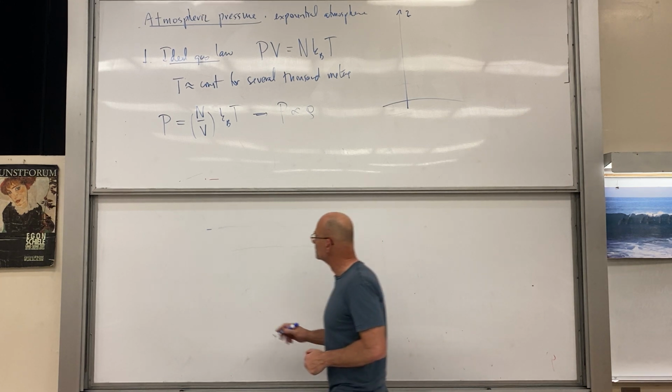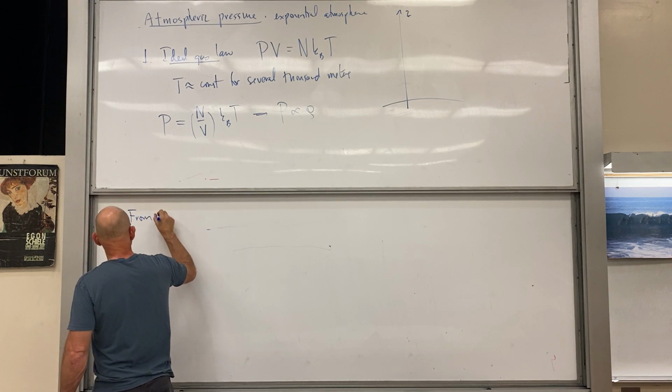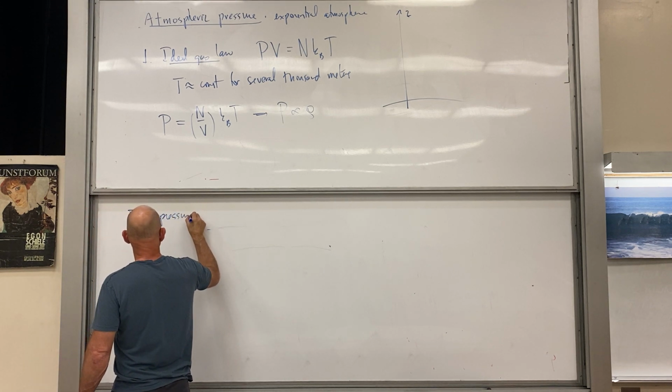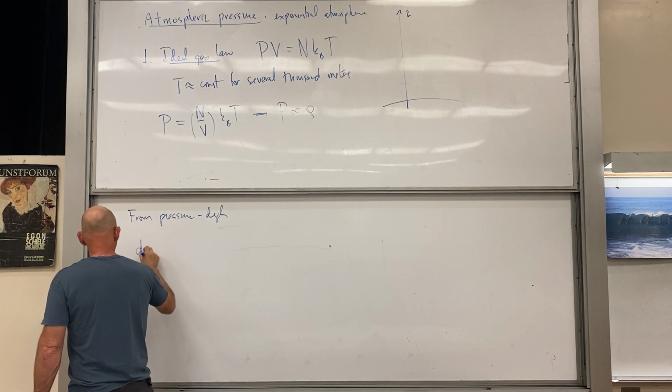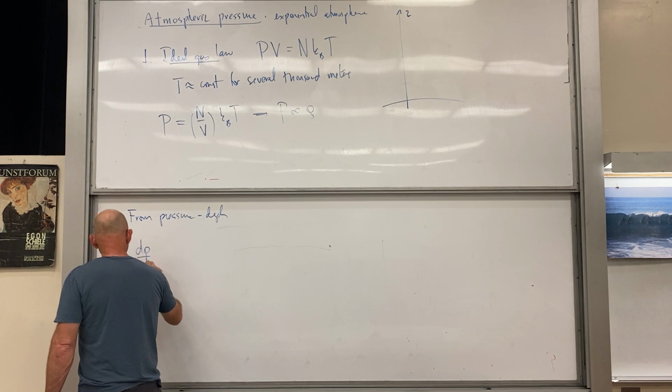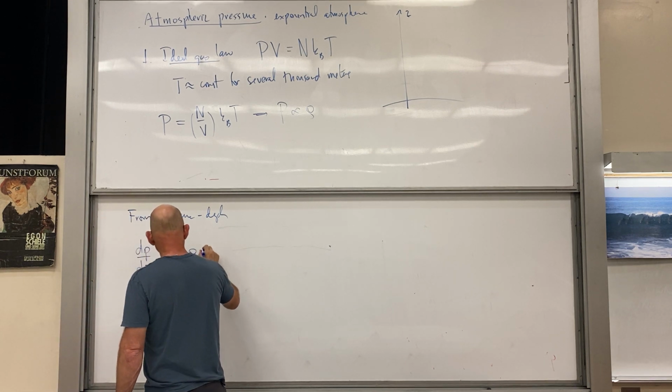So from the pressure depth formula, dP/dz is equal to minus rho g.